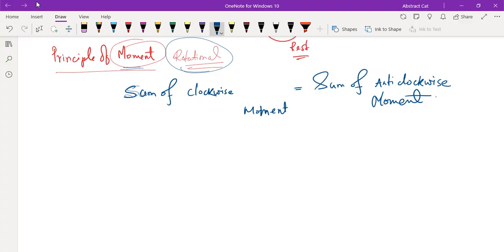That is then called the principle of moment. Okay, suppose a clockwise moment is cancelled by the anti-clockwise moment.